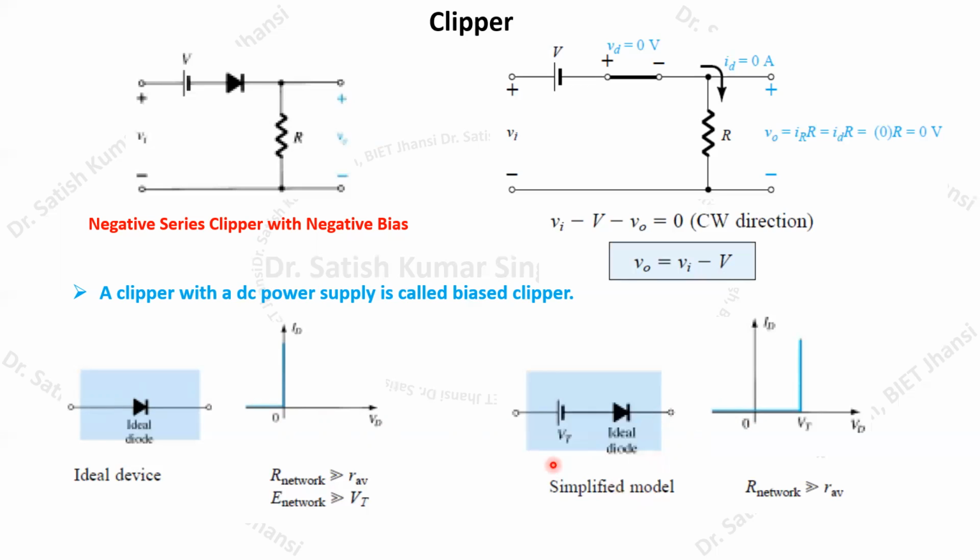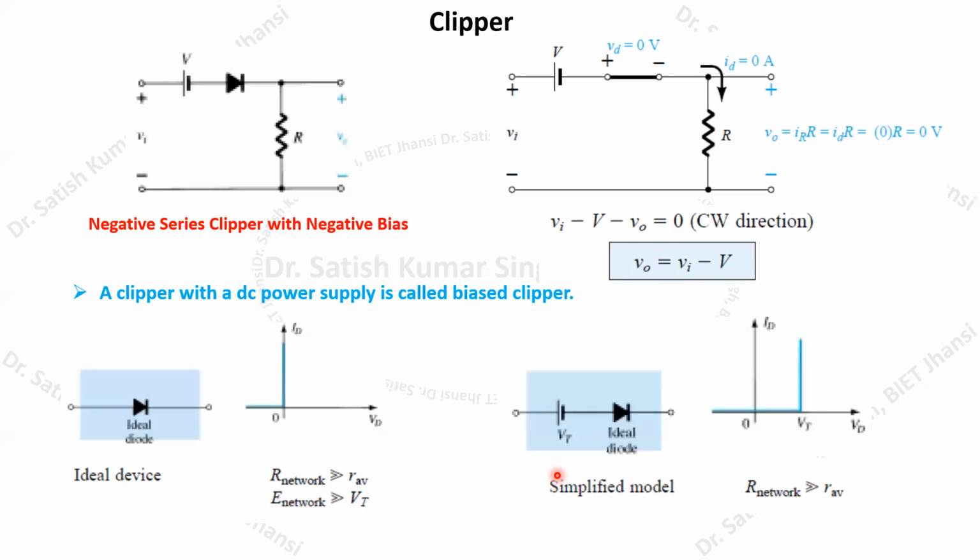In this simplified model, we replace the diode with its cut-in voltage in series with the ideal diode. Whenever the diode is forward biased, it will be replaced by a short circuit. Whenever it is reverse biased, it will be replaced by an open circuit, and this voltage has to be removed, because in the case of reverse bias the diode is normally open circuited.